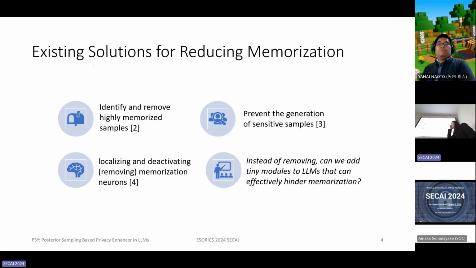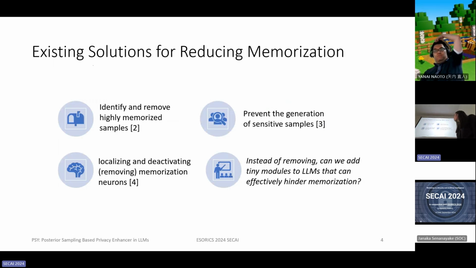Yeah, so these are the existing methods. So how do you identify and remove highly memorized samples? What do you mean by highly memorized? They choose them when they do the fine-tuning. There are alternatives for identifying whether each neuron is highly memorized.